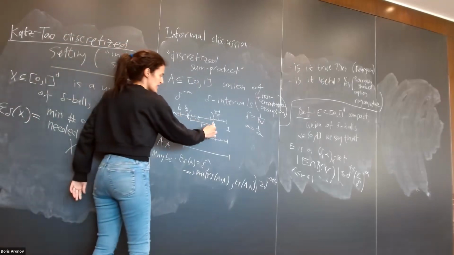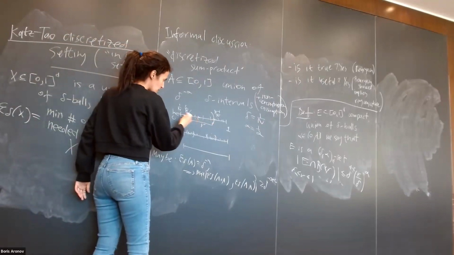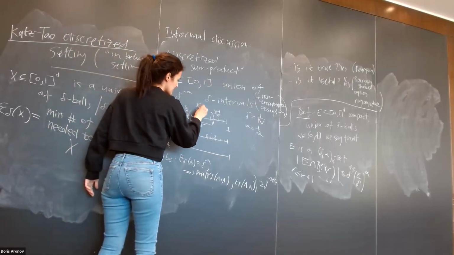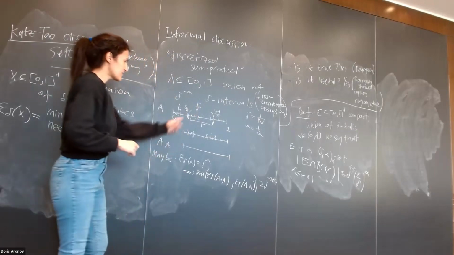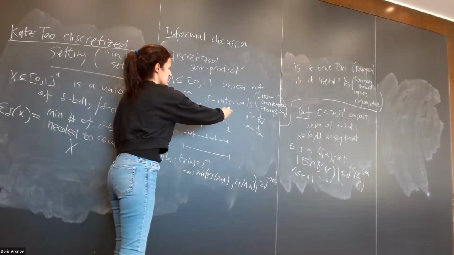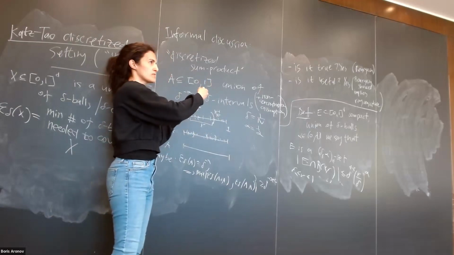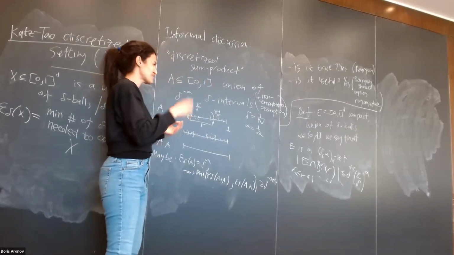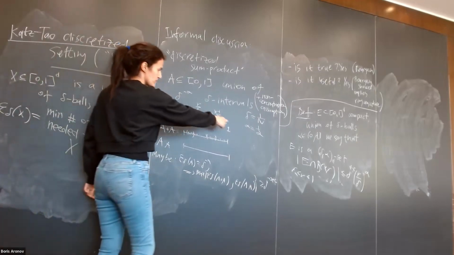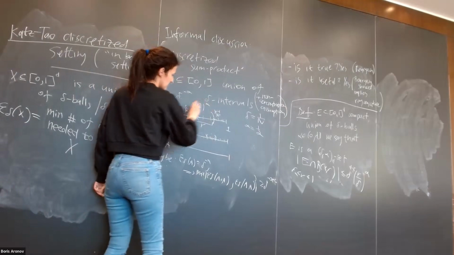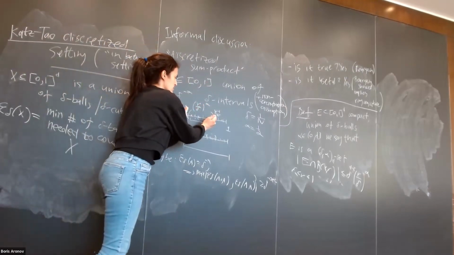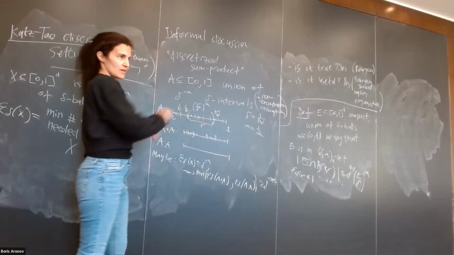In an interval of length r, we can have r over delta potential intervals of length delta. And if in the big set we took the square root of the 1 over delta intervals that we had, here again we want to have the square root of them. It just tells us that if we restrict to an interval of length r, it looks more or less like the big set.